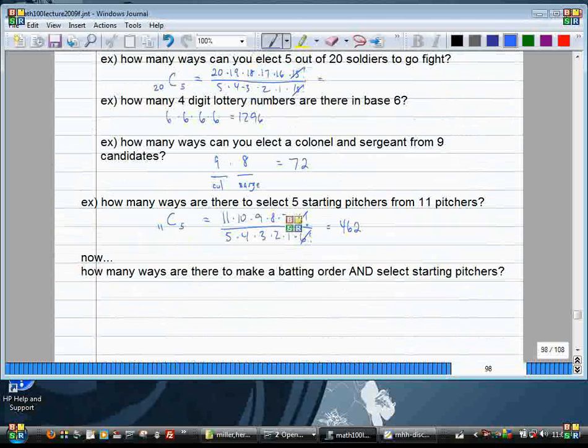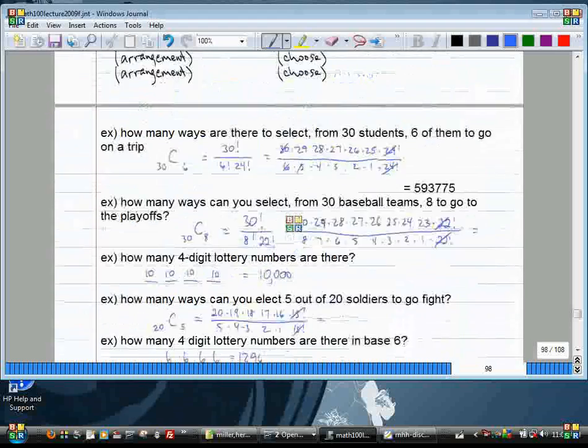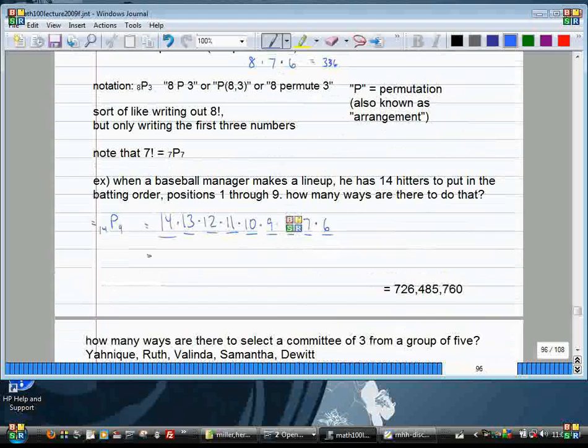It's out of 11 players, right? Yeah, it's the make a batting order, same problem, and then select starting pitchers, same problem. In other words, make a batting order, that's just shorthand for what I previously asked.